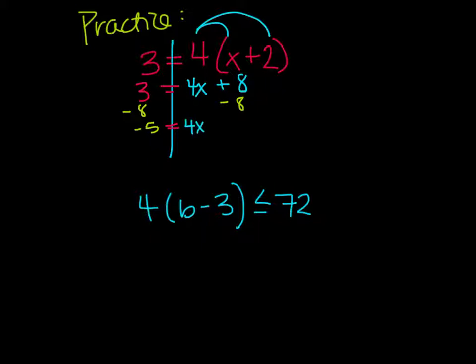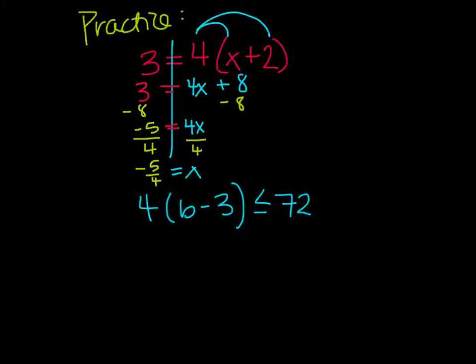And then from there we can divide by 4. So our answer is negative 5/4 is equal to x. We could put that information into our equation and see if it works out.